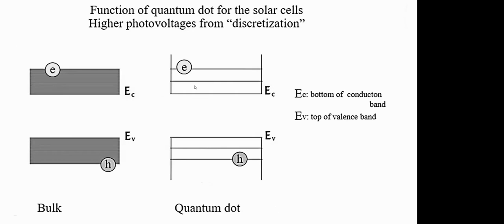So in quantum dots, the advantage is that we have discrete energy states, few energy states. So in that case, if we see the electron goes from the valence band to the conduction band in bulk, what will happen? A large number of energy states are available in the bulk, as you can see here. So it will dissipate its energy in the form of heat, continuous heat.